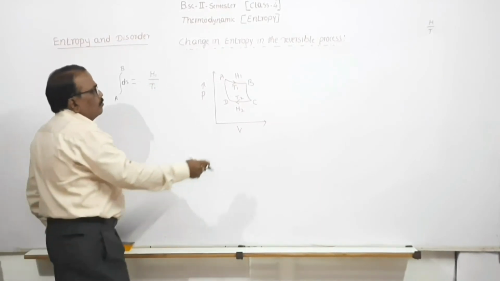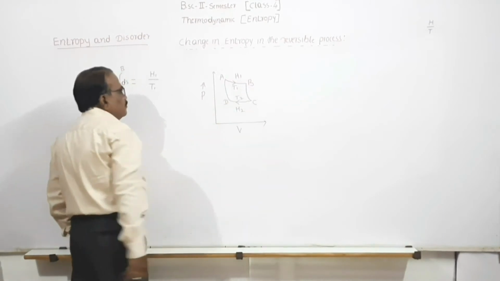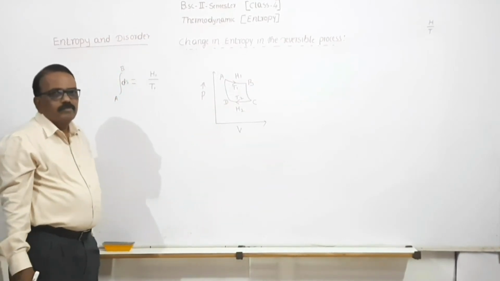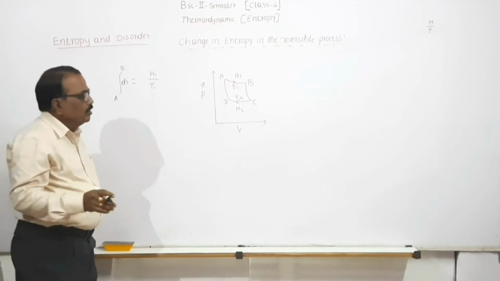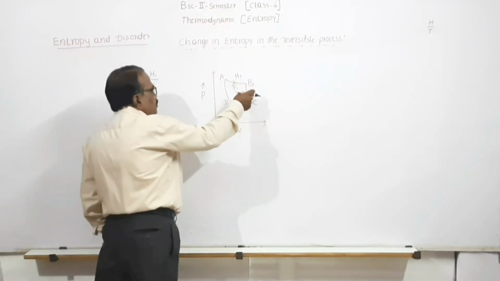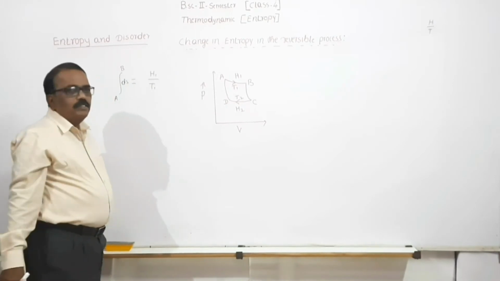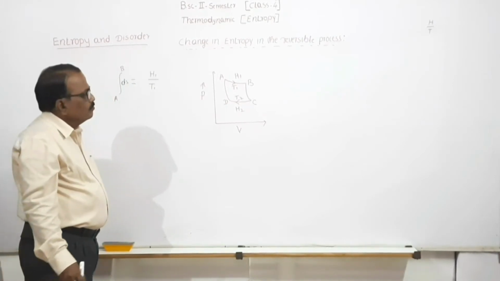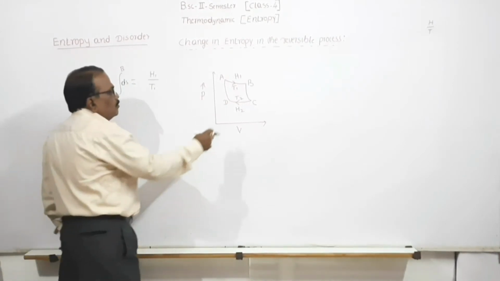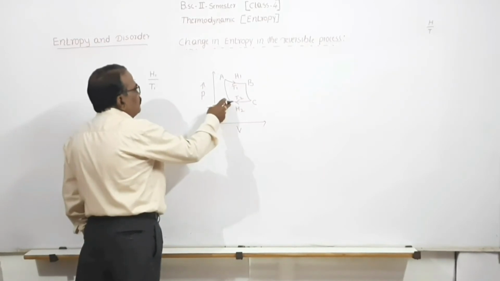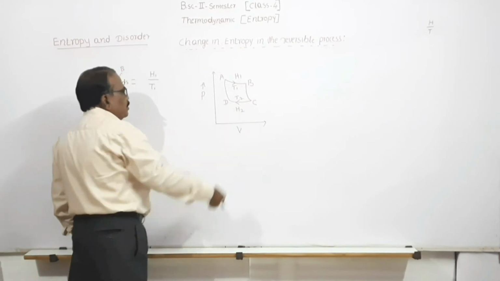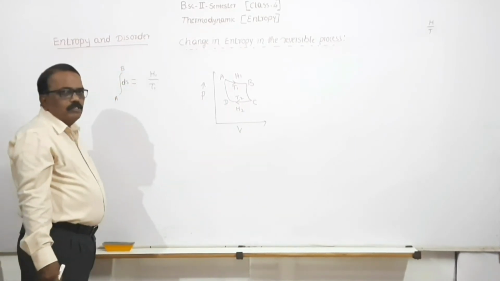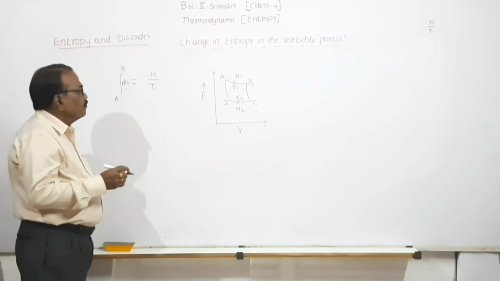So B to C is an adiabatic. You know, in the adiabatic there is no change in the entropy. All along the BC, change in entropy is 0. Then from C to D is once again isothermal at temperature T2. Heat H2 is rejected by the system. It is a reversible process.